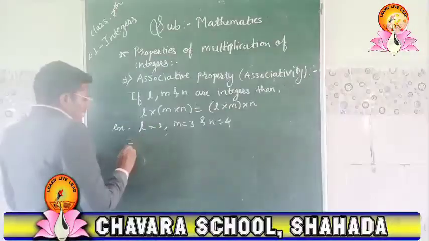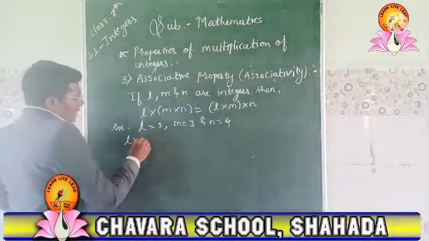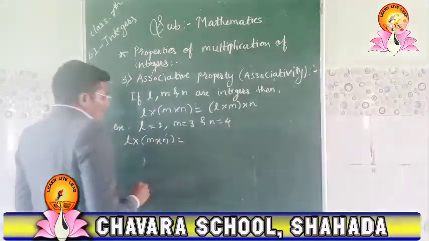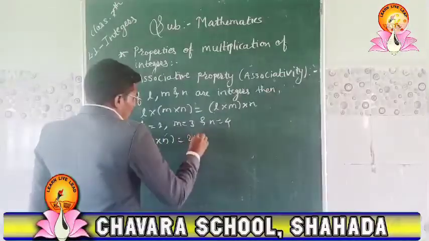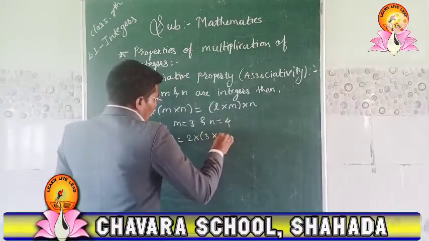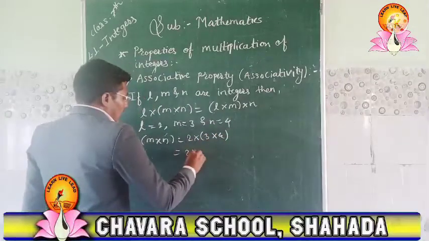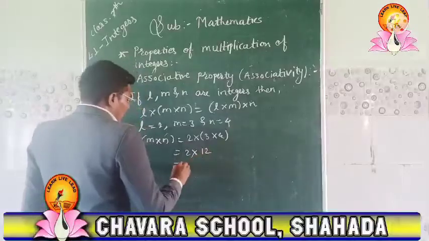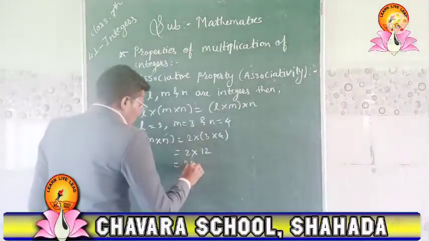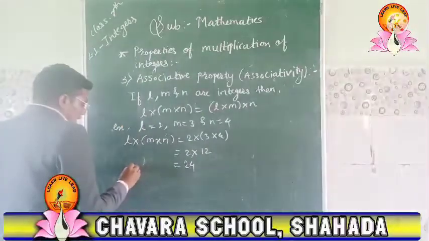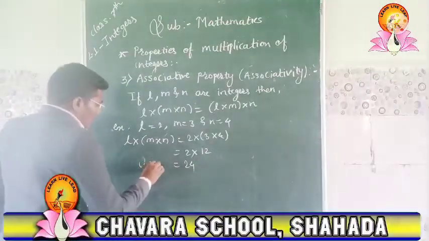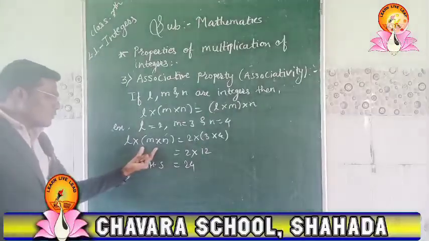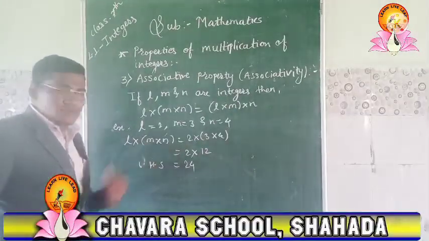The LHS is L into M into N, so by putting the values, 2 multiplied by 3 multiplied by 4. Solve the bracket first: 3 into 4 is equal to 12, and 2 into 12 is 24. So the LHS of that particular property is 24.